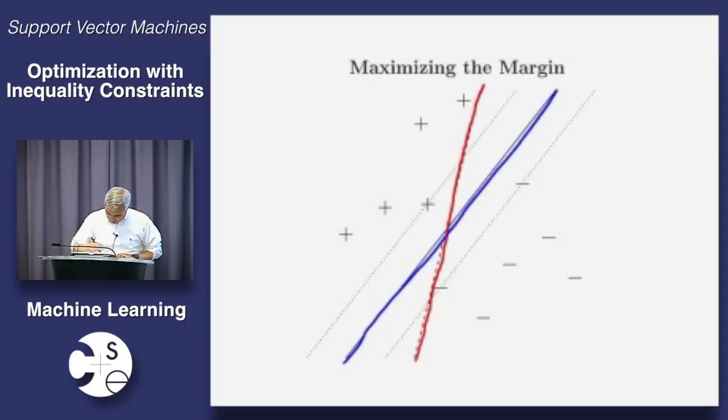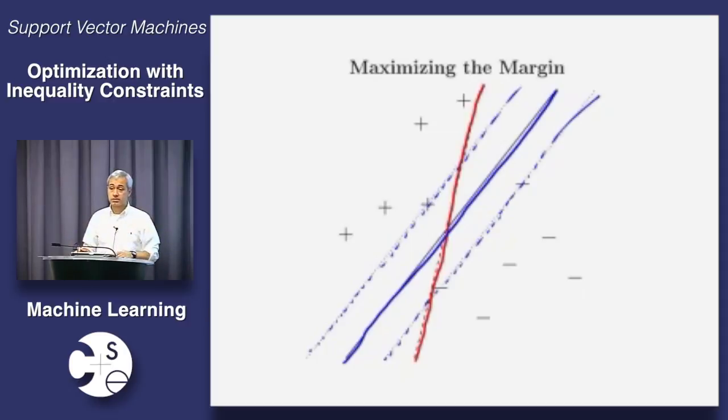And think of the distance between these two dotted lines as the thickness of the slab. So what are my active and inactive constraints? Anybody care to guess? The three that are on your margin lines? Exactly. The active constraints are the margins of the examples that have the minimum margin. They're these guys.